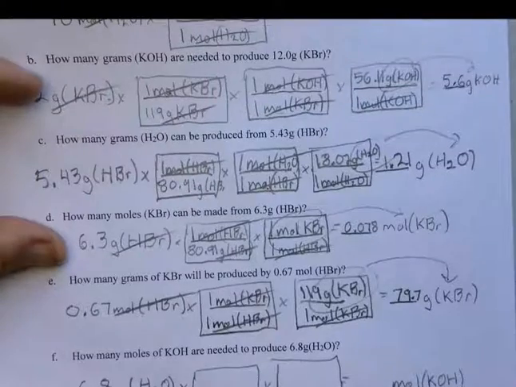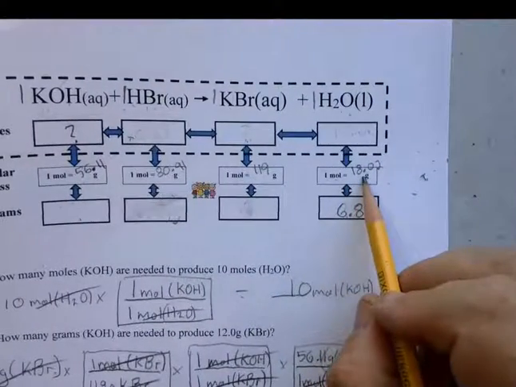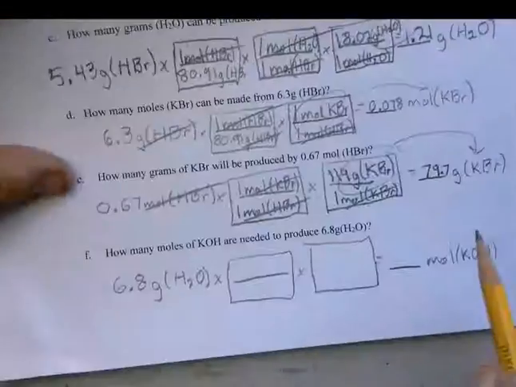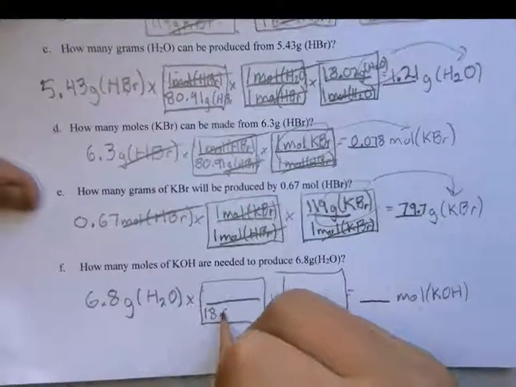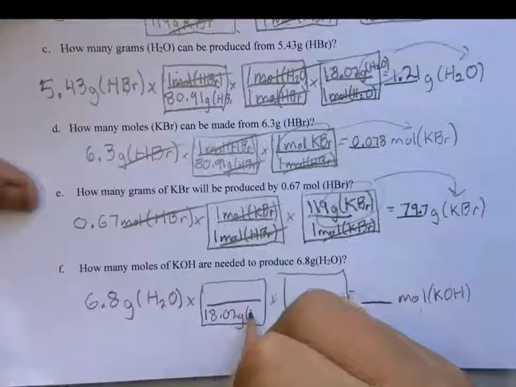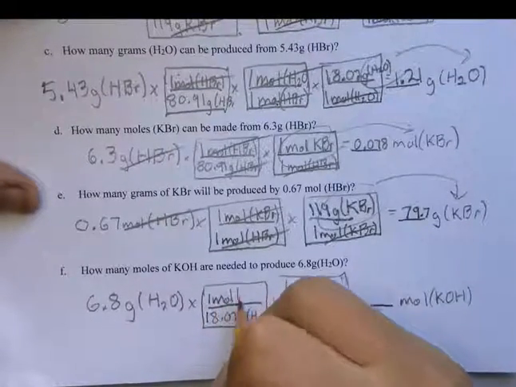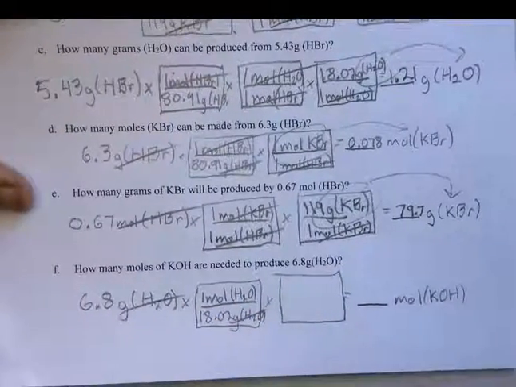Okay, so here we go. So the molar mass of water is 1 mole water over 18.02 grams of water, or 18.02 grams of water over 1 mole. We need to have grams on the bottom to cancel with this, so it's 18.02 grams H2O and 1 mole H2O. Grams cancels right there.